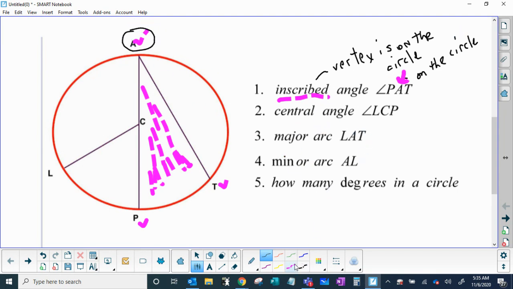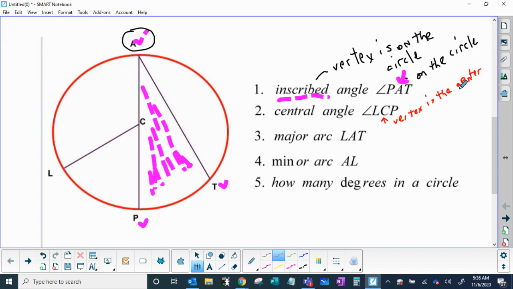Okay, now a central angle is exactly that. The vertex is the center. The vertex is the center. All right? The vertex is the center. Okay?